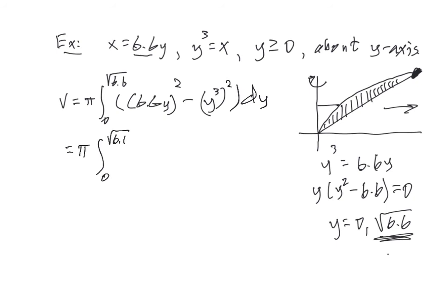Square root 6.6, and then we get 6.6 squared, y squared, minus y to the 6th. And again, that's an easy integral. It's a polynomial. Raise the powers, divide by the new powers, or pull your calculator out. No shame in using a calculator to get an answer.